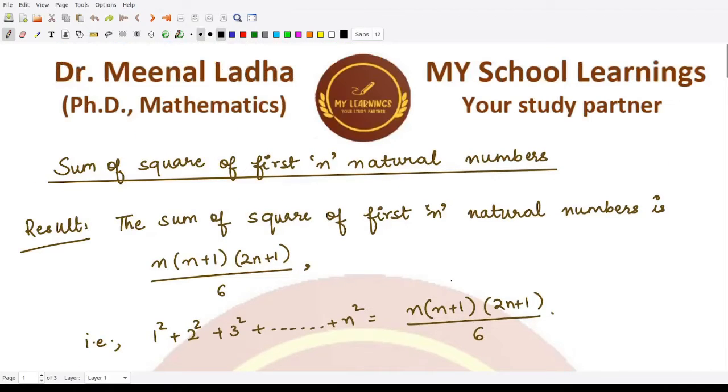Let's take an example, n is equal to 3. Our left hand side is 1 square plus 2 square plus 3 square, so it is 1 plus 4 plus 9, which is equal to 14. What would be the right hand side?